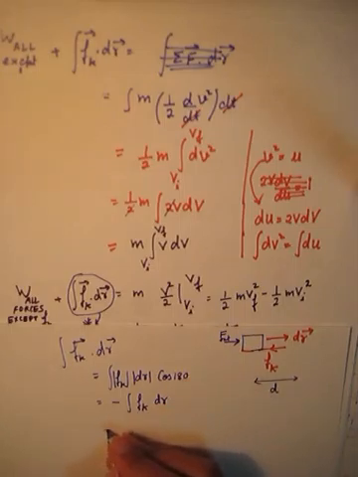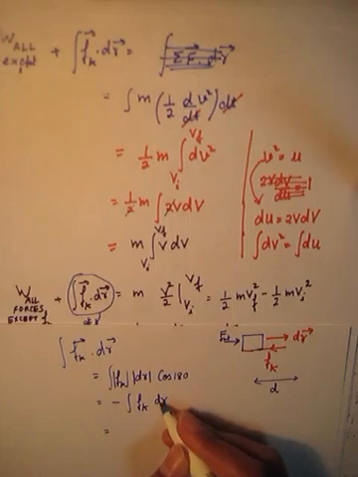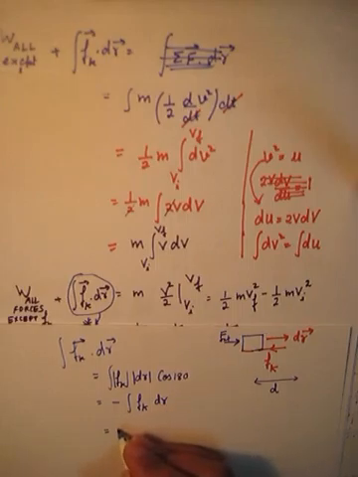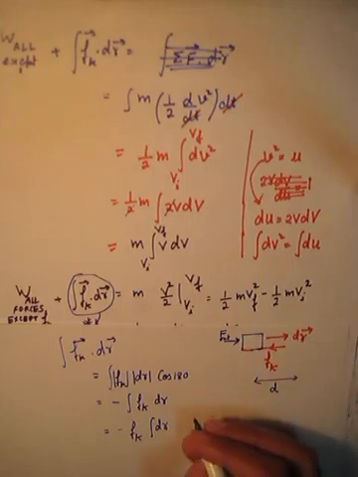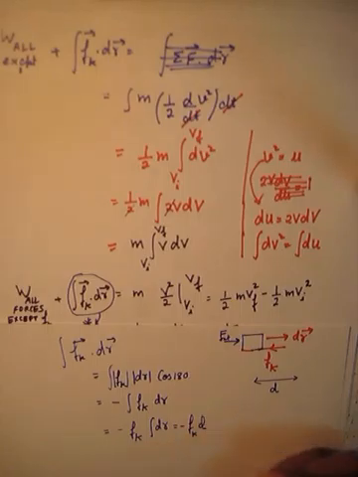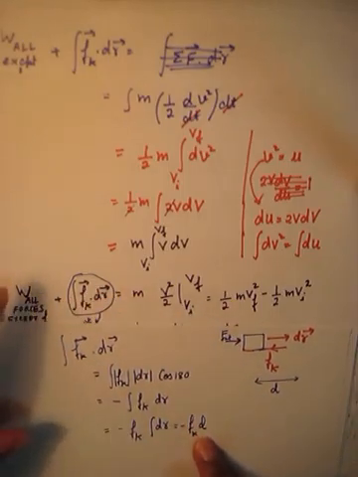The kinetic friction is constant, so let's take it outside, and the integral of dr means total displacement, and as we have said the total displacement is d, so it will be minus fk into d. So this term turns out to be equal to minus fk d.